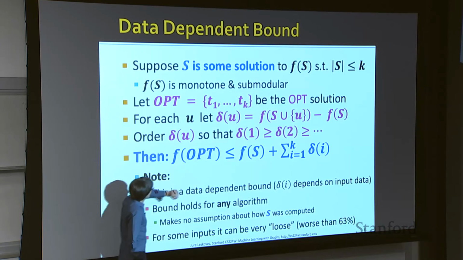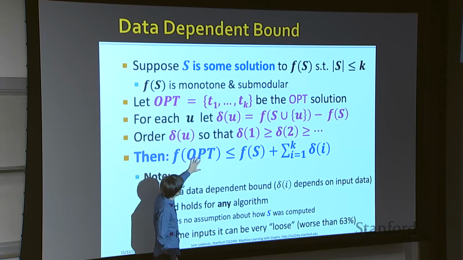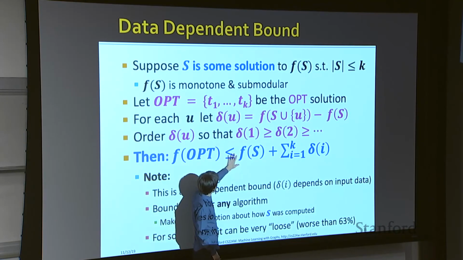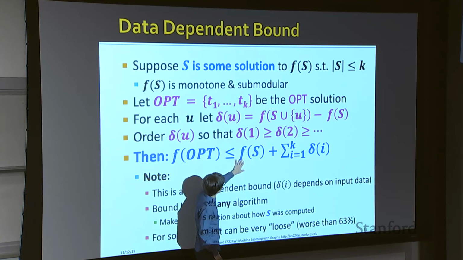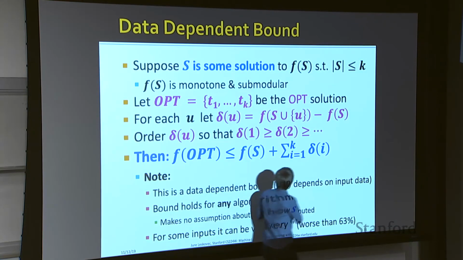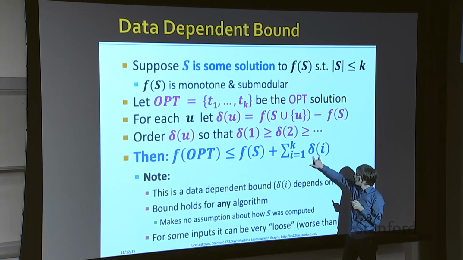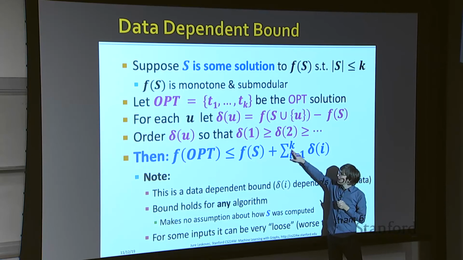The claim is that f of the optimal solution is less than f of S, what I already have, plus the sum of the marginal benefits of the k nodes with the highest marginal gain.